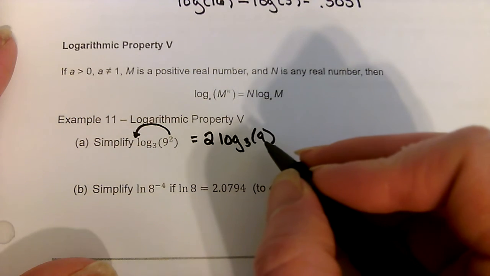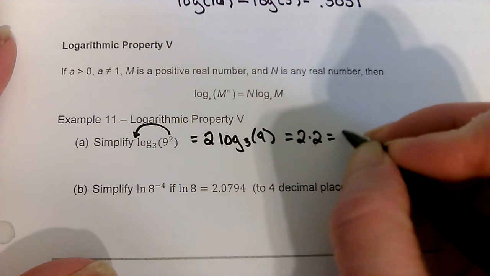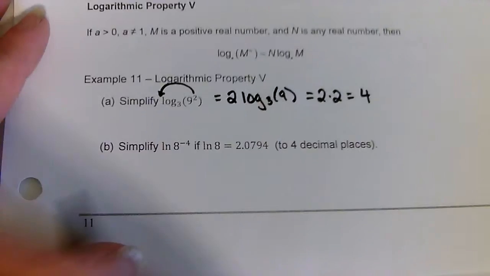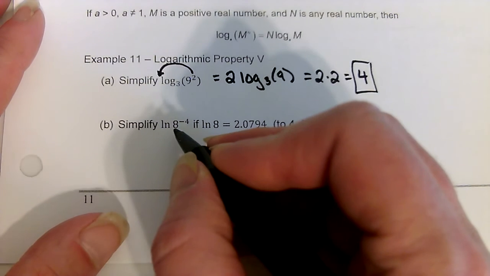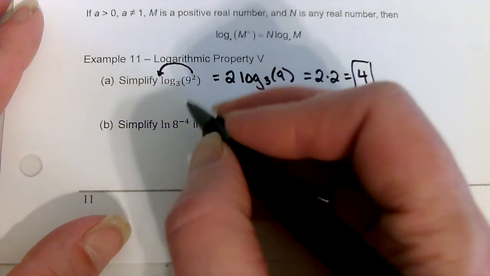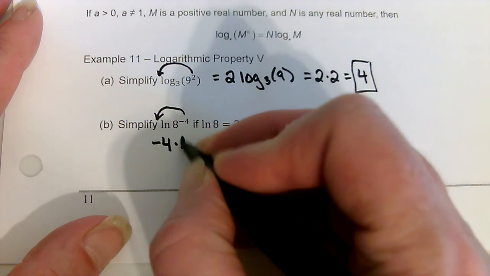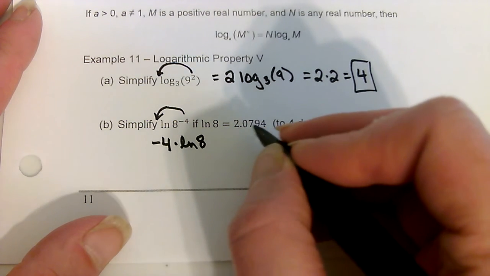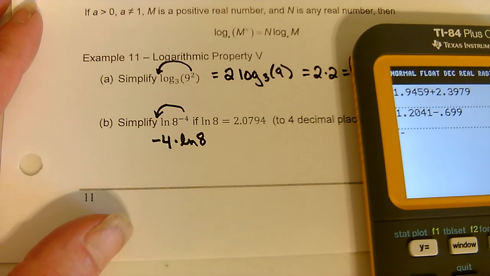Because log base 3 of 9 is just a 2, so I end up with 2 times 2 is 4. On this one, ln of 8 to the -4, I could bring this -4 to the front, and we know that the natural log of 8 is 2.0794. So I just do -4 times 2.0794.